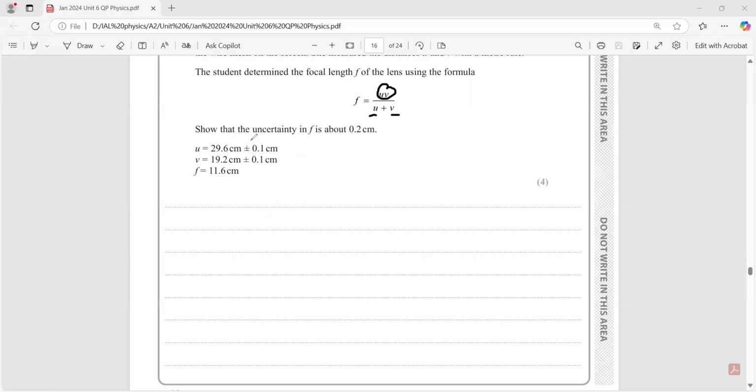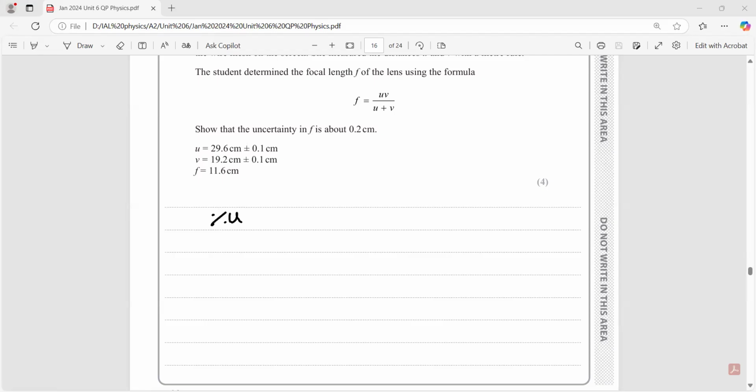We just need the uncertainty in F. First, we substitute the values to get the value of F, and then we work out the percentage uncertainty in U and the percentage uncertainty in V.